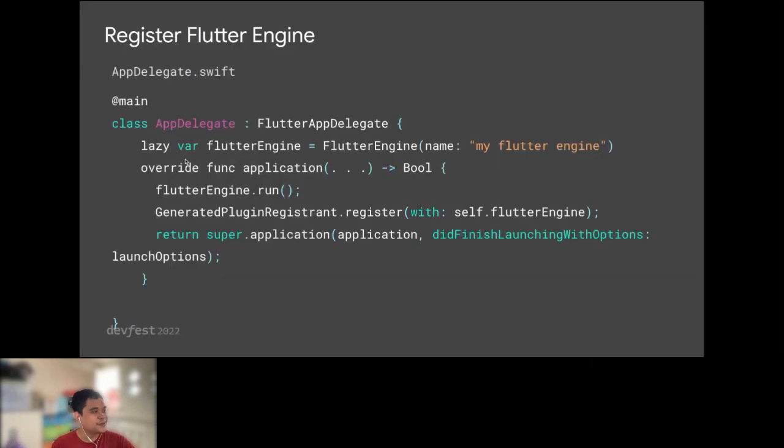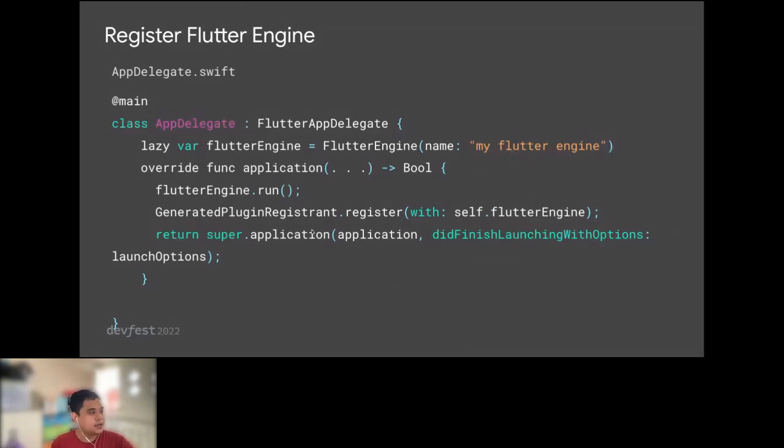The first thing we need to do is, I'm going to show you when we are creating an engine, like a cached engine for performance purposes. So in your AppDelegate.swift, we need to extend this FlutterAppDelegate class, and then we need to create the instance of our Flutter engine. In this case, the name is myFlutterEngine.